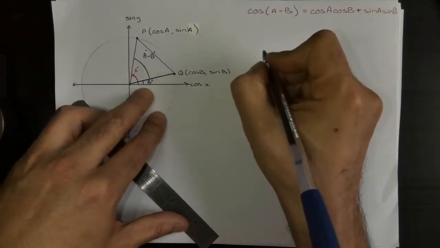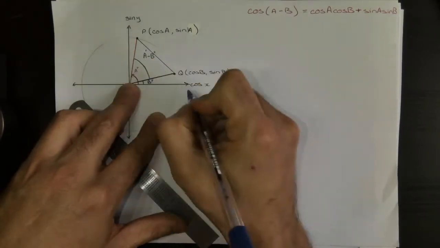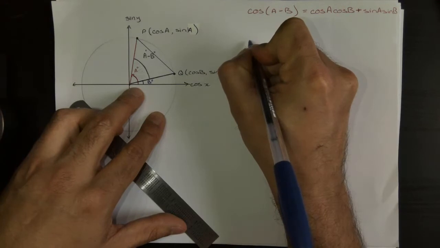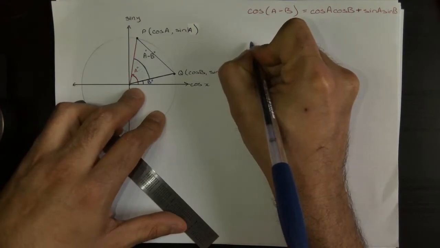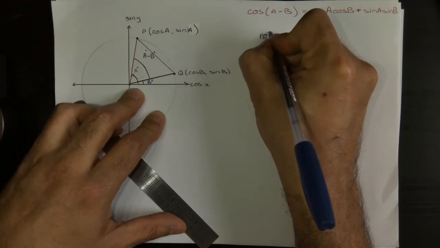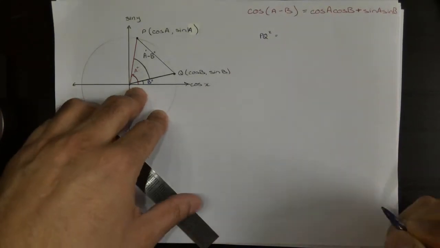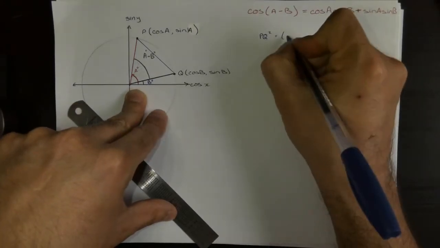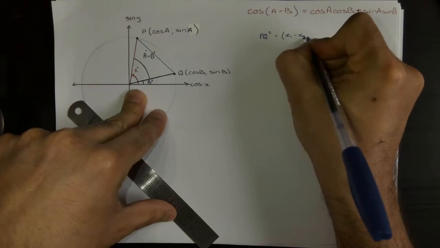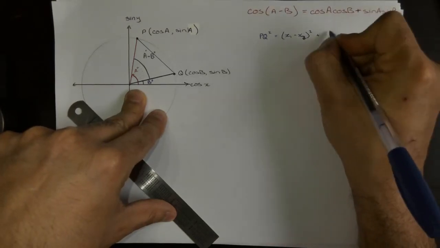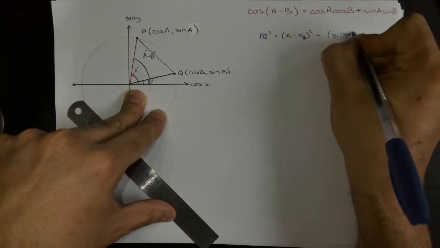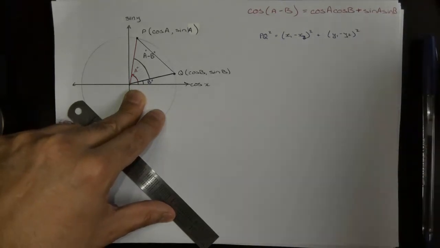Okay. So using the distance formula, we're going to say that the distance PQ is going to be: subtract the x-coordinates from each other and square it, and then add that to the difference between the y-coordinates squared. Yeah, and this is from the distance formula.